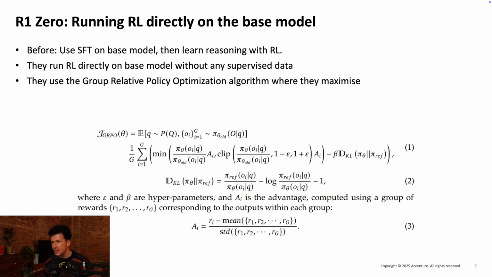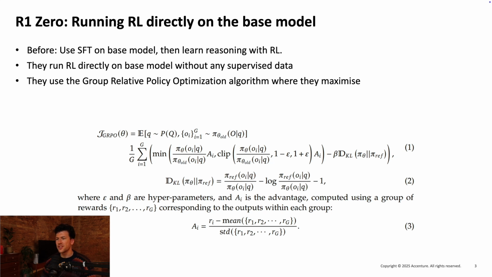Everything else here looks pretty similar to PPO. The basic idea is that you want to restrict the changes of each algorithm iteration. Every time you update the model, you want to keep those changes very minimal, because RL is quite unstable and you don't want to move too far from a working model.